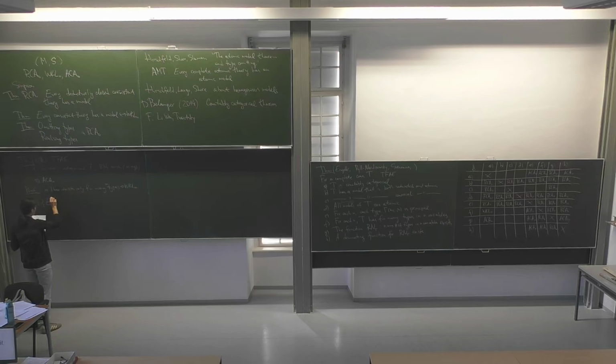Each E_n will be of arity 2 to the power n. And yet another group of symbols, R and S.